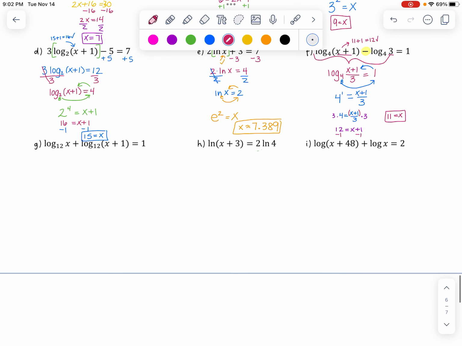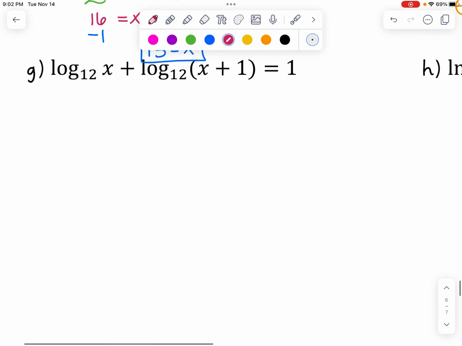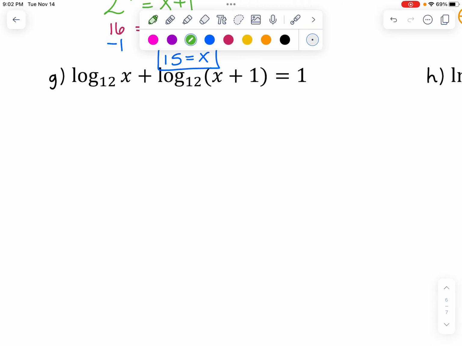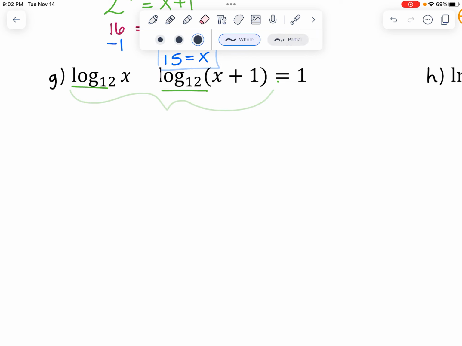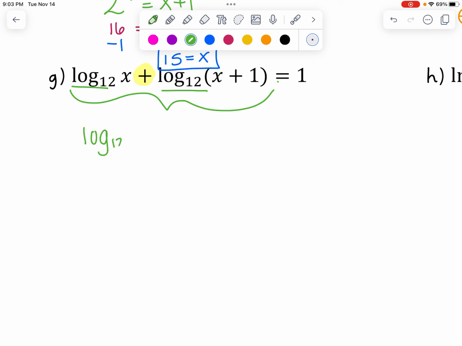All right, 3 more examples here we can do together. Starting with G, I see that I've got a log and a log on the same side of the equal sign, so those 2 I will condense. These 2 logs are being added together. So with log properties, I can condense them into one log base 12 by multiplying x times x plus 1.